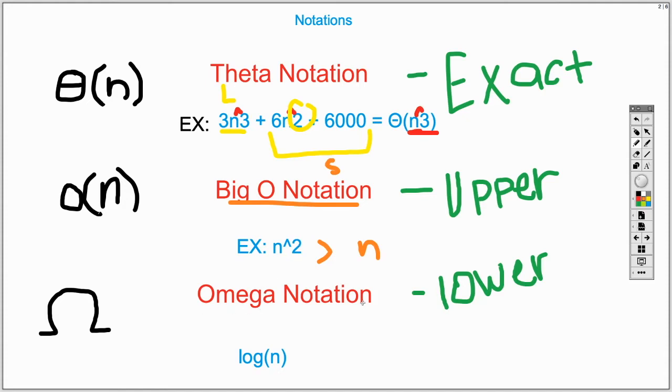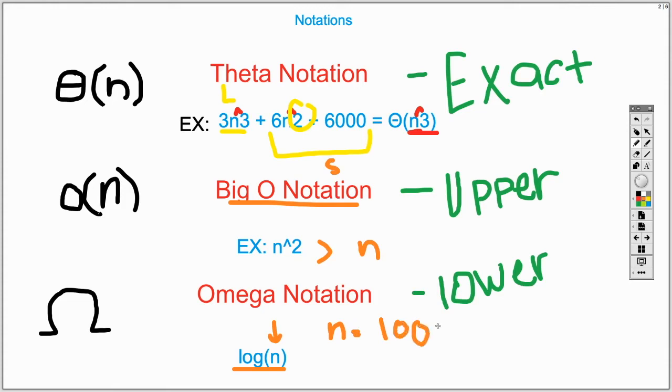Then lastly, we have omega notation. This is basically a lower bound. Here we have an example of log n. Those of you who are not familiar with log n, we don't need to go much in depth, but let's say our n is 1,000.